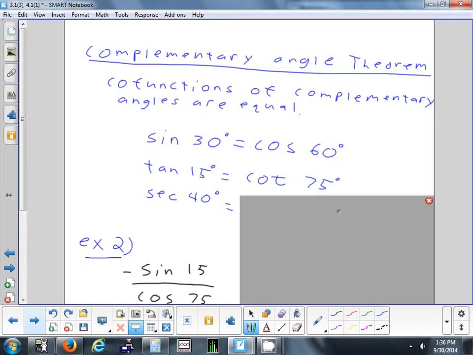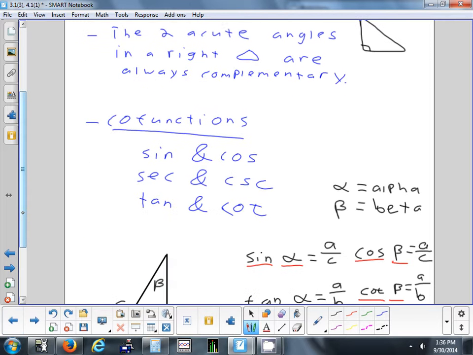Okay, and last one before we try our real example, secant of 40. What would that be the same as? Well, start with what's your cofunction of secant? Here are our pairings.